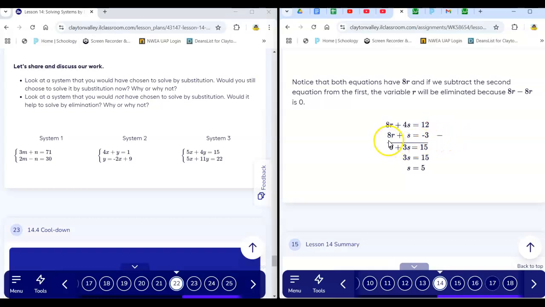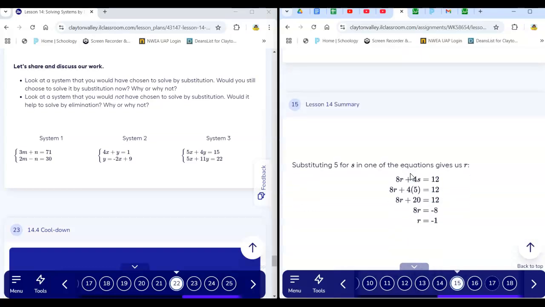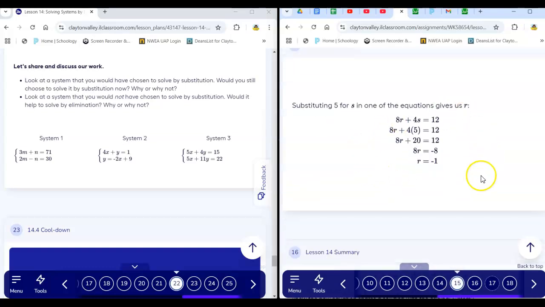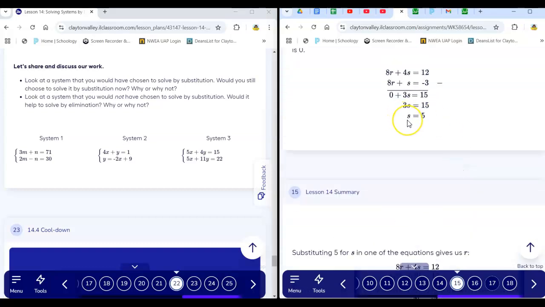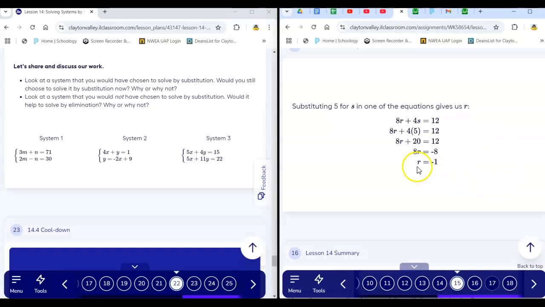So this term becomes negative 8r, this term becomes negative s, and this term becomes positive 3. So you're able to do it, and then you're able to take that number that you got for s, drop it into the equation, and solve for r.